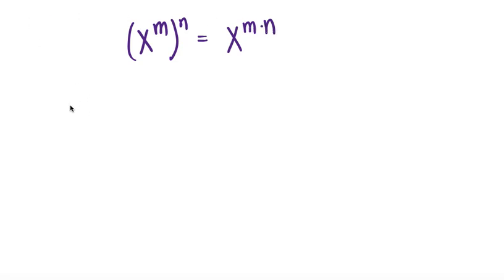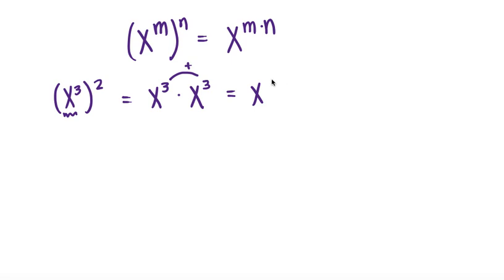So let's say, for example, to see why this is the case, we had x cubed raised to the second power. Looking at this is really saying my base here, x cubed, is being multiplied by itself twice. And then from the product property, that tells us when we have the same base, all I do is just add the exponents.